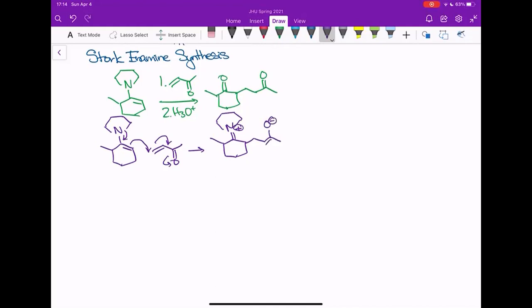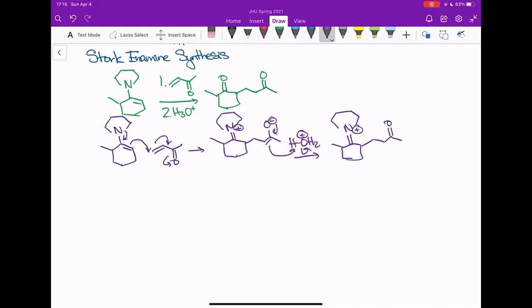From here, we're just going to do a few protonations. So those electrons will come down to get protonated to give us this intermediate. Okay.